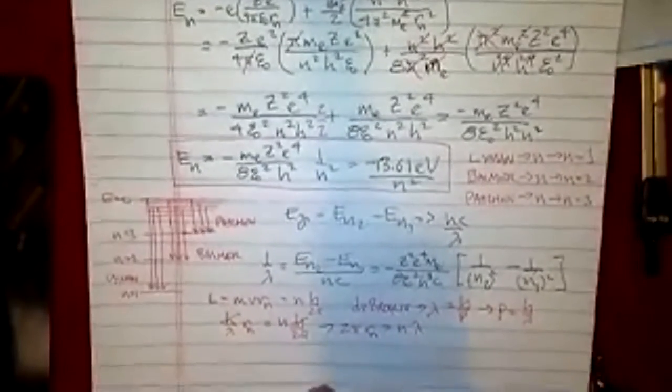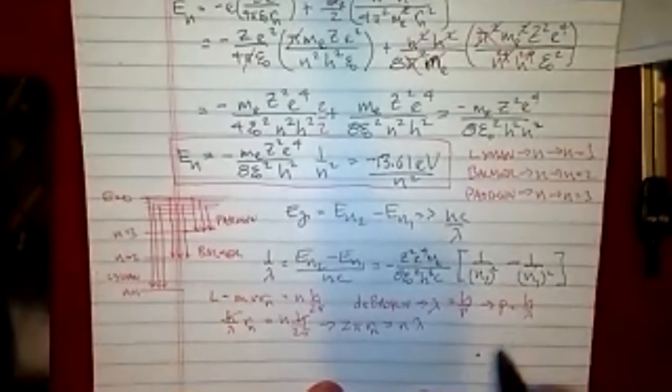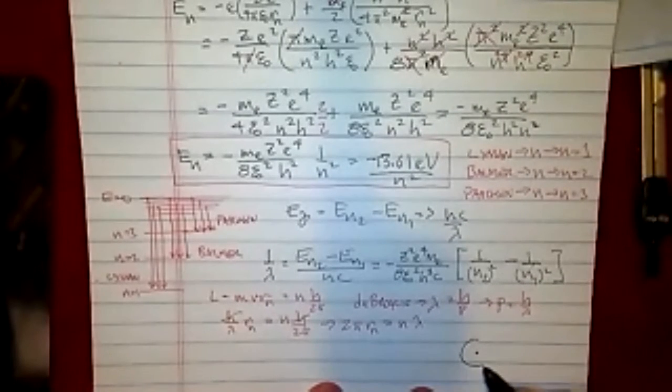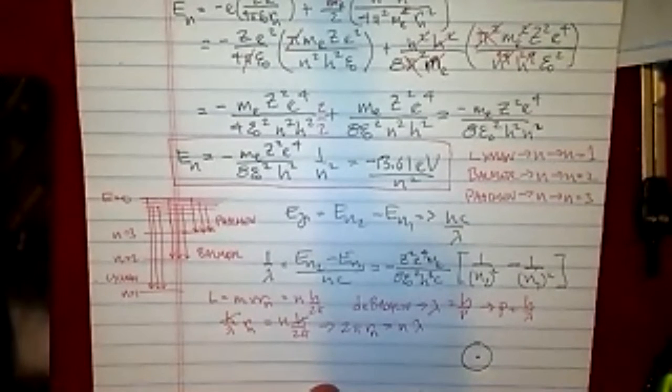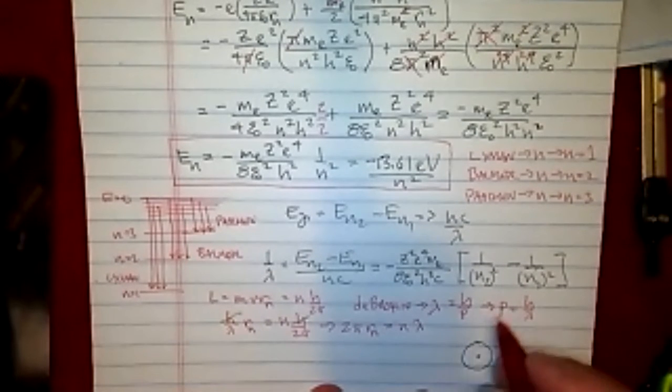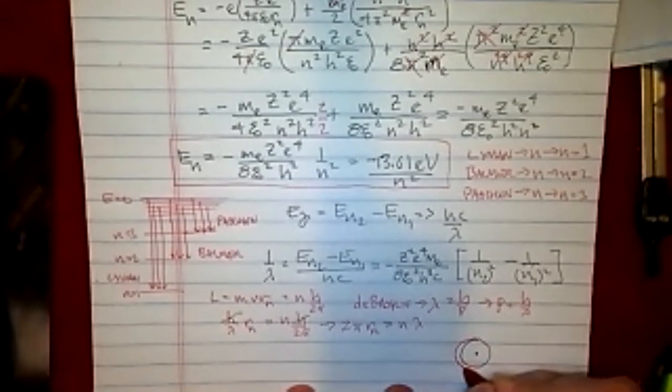So with that in mind, when n equals 1, the orbit, which might be a circle, the average orbit would be like that, but in fact the orbit of the electron would have one wavelength in it. So this would be the first half of the wavelength, and this would be the second half.